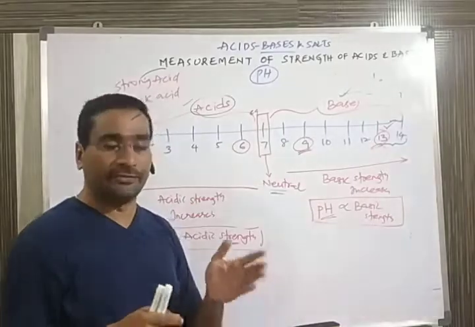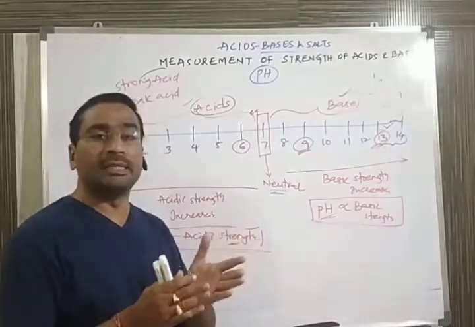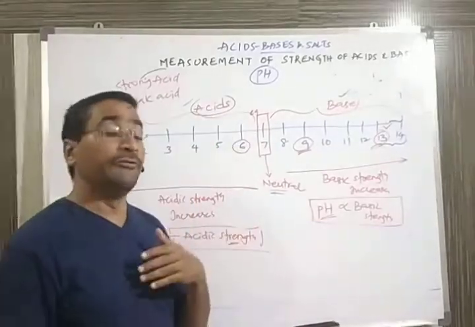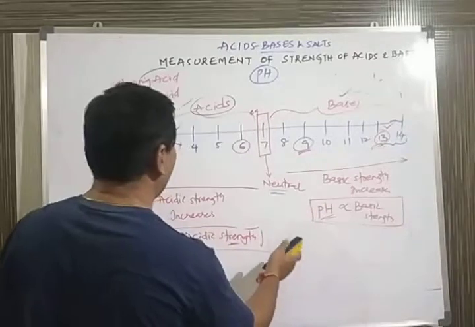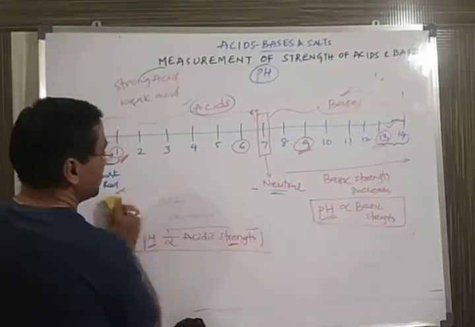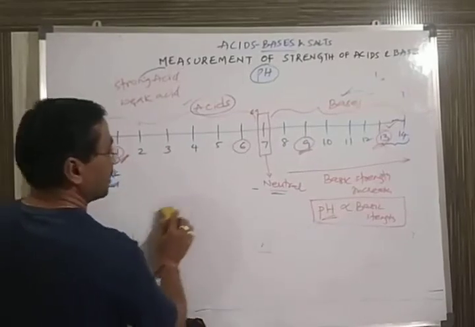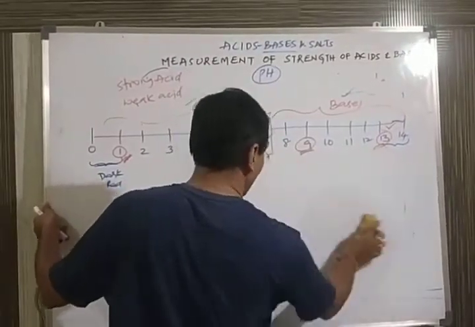Let me give you pH values of a few samples we use in our surroundings. Even though we come across them in daily life, we don't know whether they are acid or base.